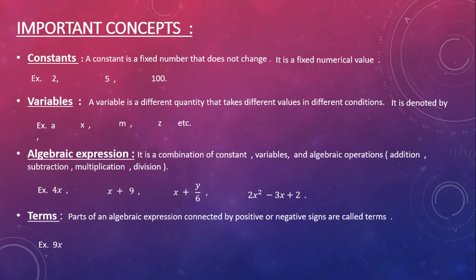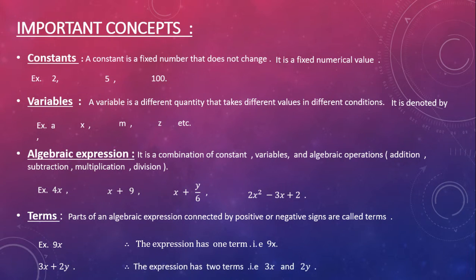In this expression, one term exists. So in the expression 9x, only one term is there, that is 9x. The next example is 3x plus 2y. In this algebraic expression, two terms are there, 3x and 2y.